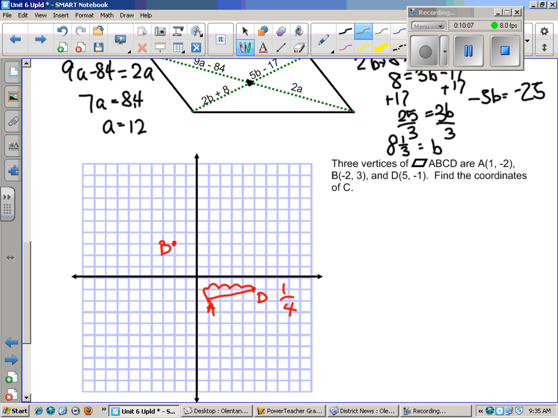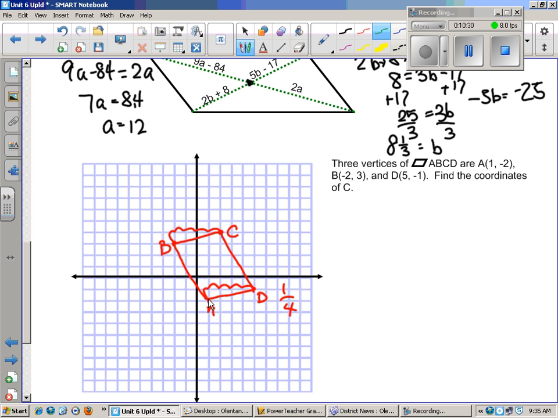So to get from B to C, I would go up 1 over 4. So there's C. And then I can fill in just to make sure it looks right. Yeah. And I didn't have to do AD and BC.